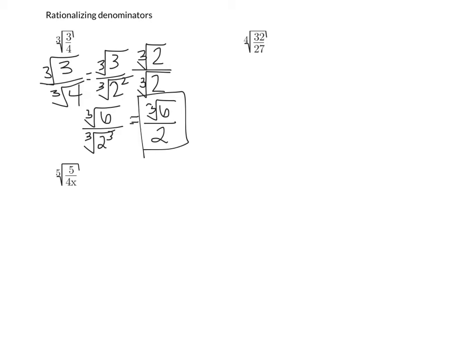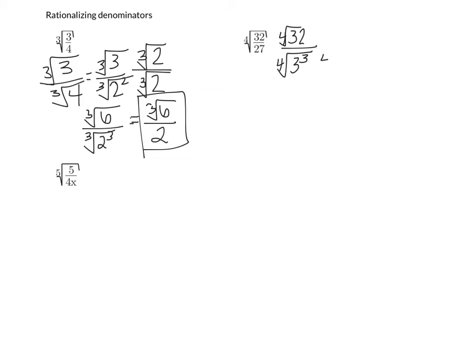And let's look at the second one here, the fourth root of 32 over 27. So I'm going to first split that up. I notice that I have the fourth root of 32, and 27 is 3 cubed, so I'm going to write that as the fourth root of 3 cubed. Now it's the fourth root, so I need 4 of a kind. So if I have 3 3's, I need 1 more.